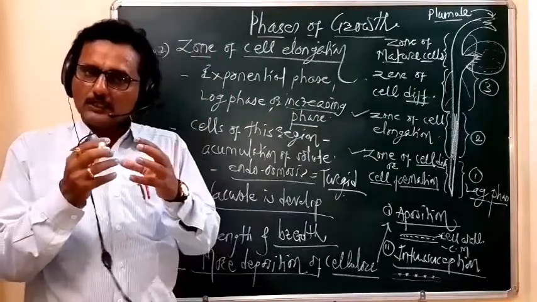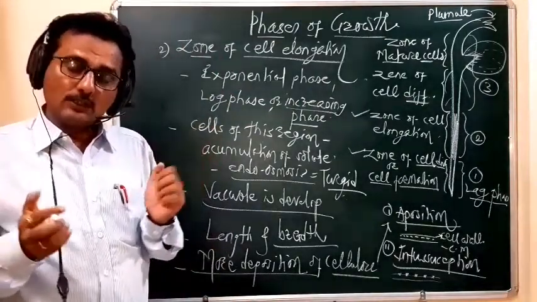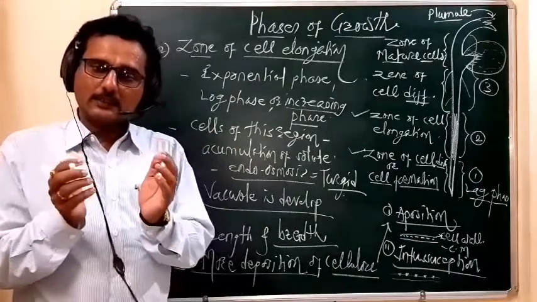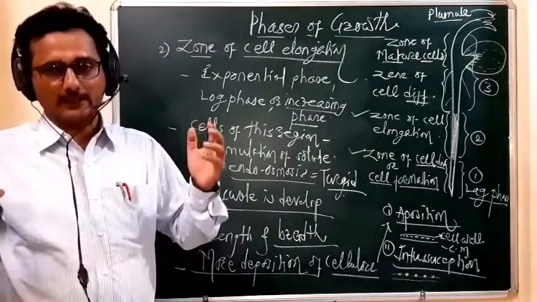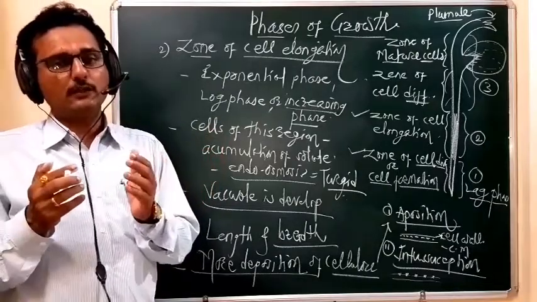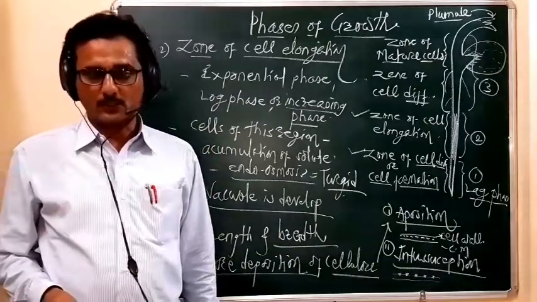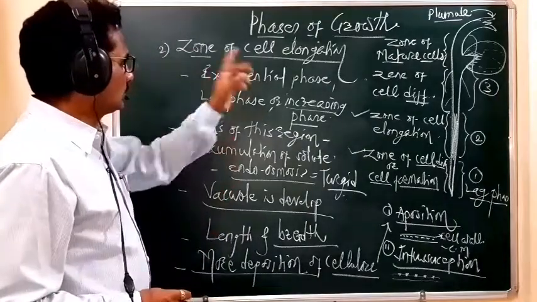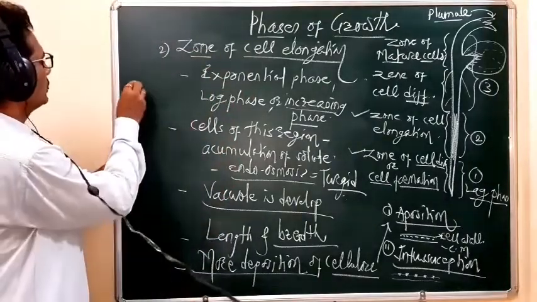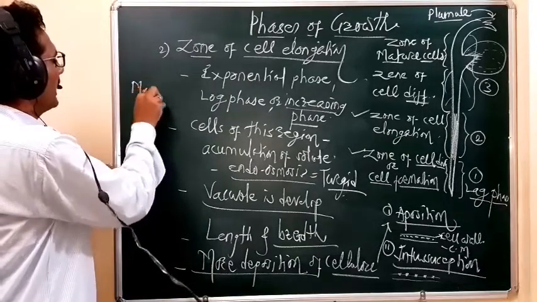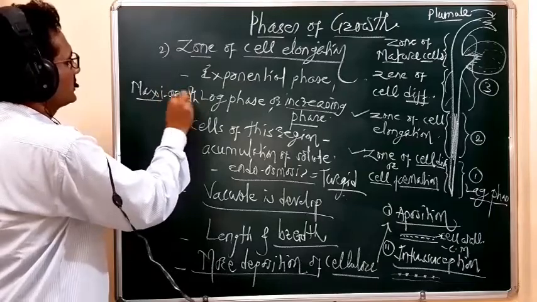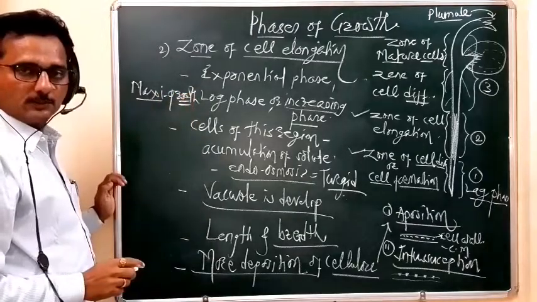So when all the cells get elongated, what about the growth? At this site, the growth gets accelerated. It shows immediate maximum growth. In the sense, this zone of cell elongation shows the maximum growth.